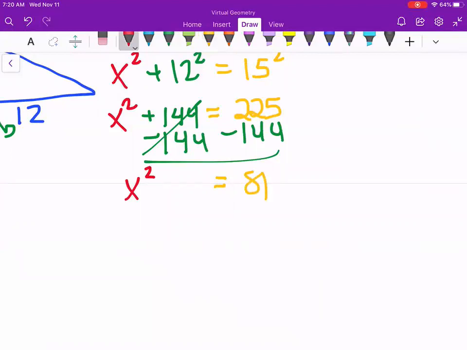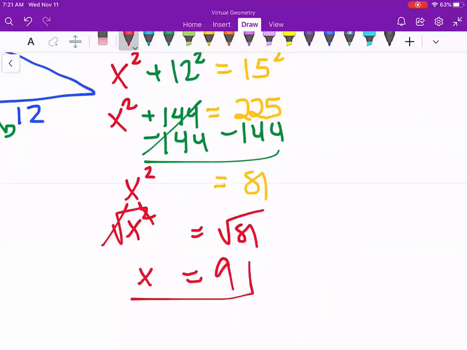So now to undo the squared, the exponent of 2, that's where we can square root both sides of this equation. So I want the square root of X squared and the square root of 81. So the square root and the squared leave me with just the X. And square root of 81 is 9.